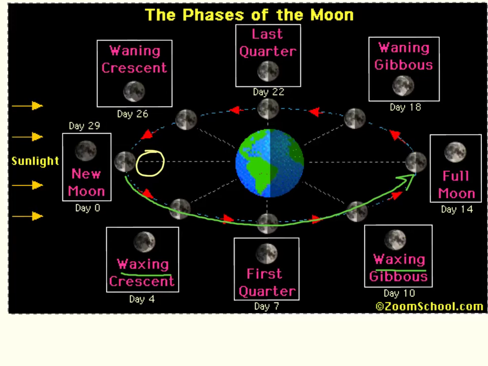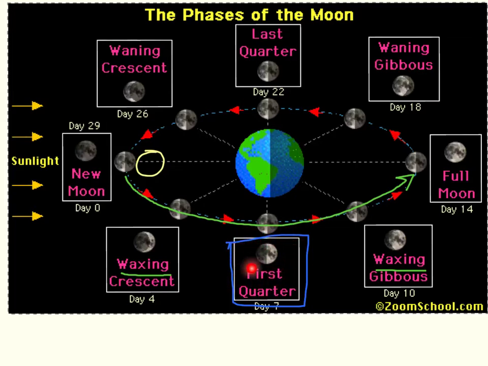In addition to the new moon and the full moon, there are 2 other major events that occur during the cycle of the moon. One of these happens in the waxing period. That is the first quarter moon. The first quarter moon is what some might call a half moon.